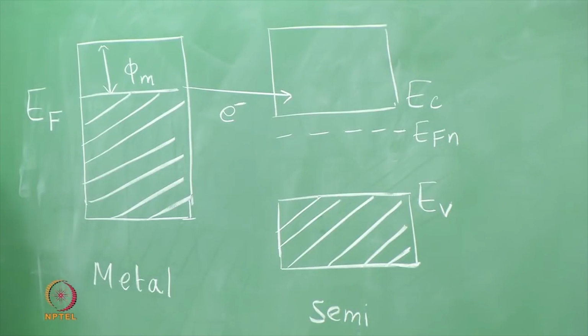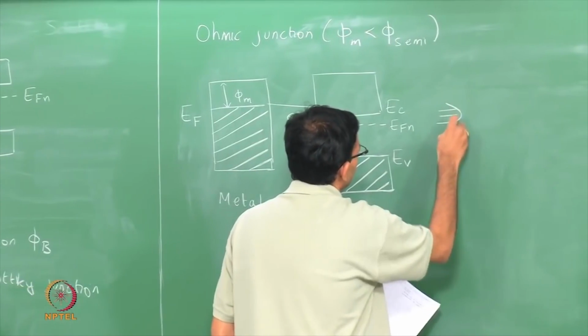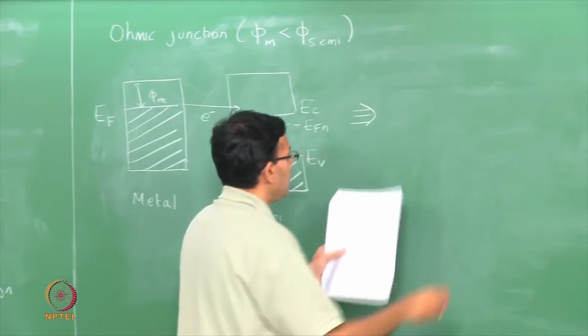We can draw the ohmic junction in equilibrium. In equilibrium the Fermi levels will line up.